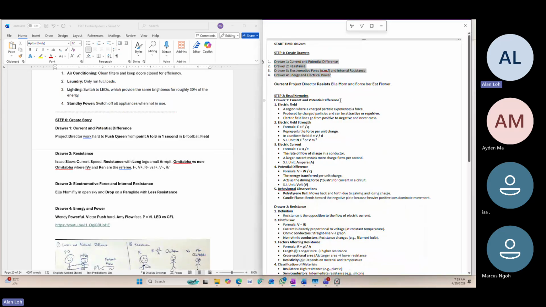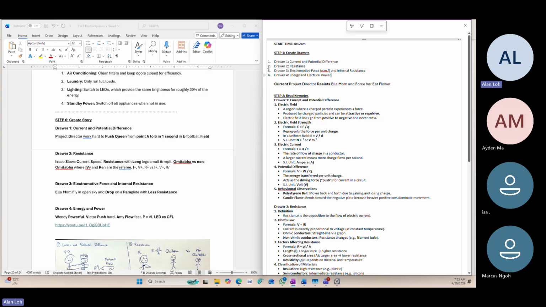There are 4 drawers: current and potential difference, resistance, EMF and internal resistance, energy and power. How do you remember? By just these very simple 9 words. And also we showed you the cartoon, the animation just now. Current project director resists Ella's mummy and force her to eat flour. That is to help you to remember the name of the drawer.